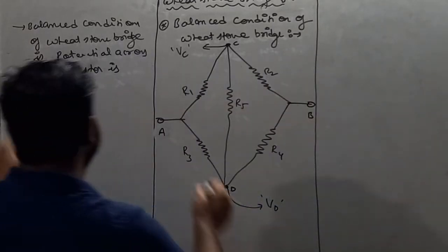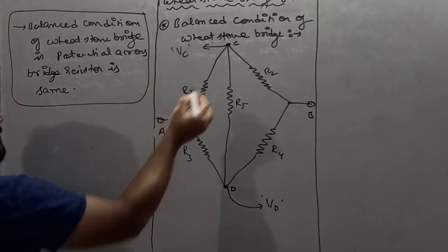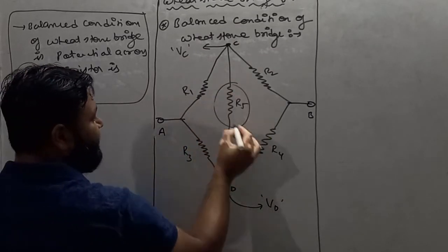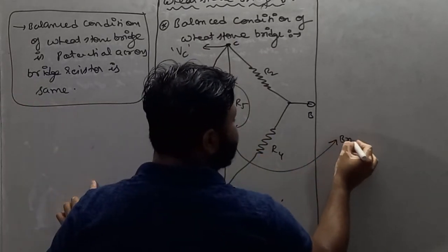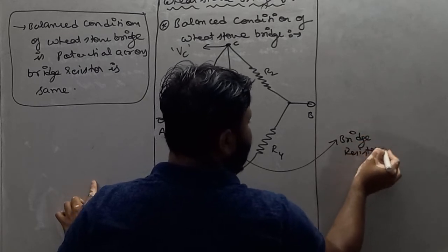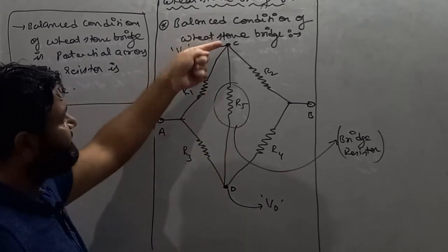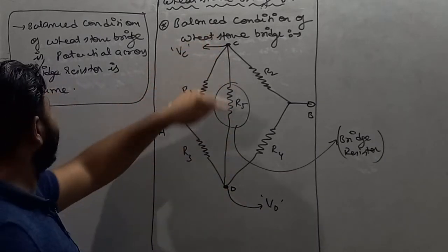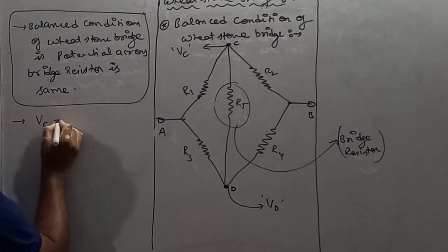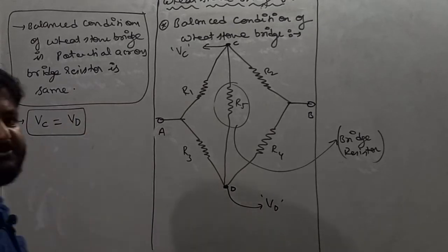This is basically the balance condition of the Wheatstone bridge. Here R5 is your bridge resistor, dear student. So the balance condition of the Wheatstone bridge is that the potential difference across the bridge resistor is same. So see, potential difference across the bridge resistor is same means Vc is equal to Vd.